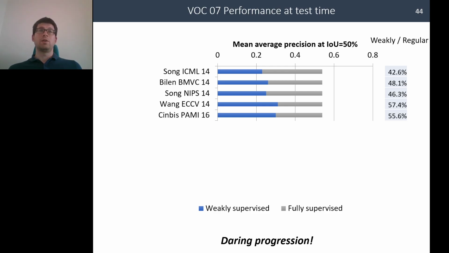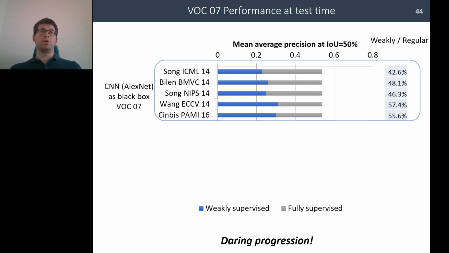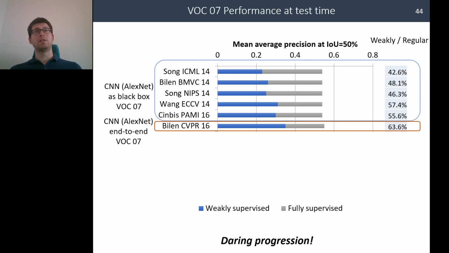The first group of work has been using CNNs, pretrained AlexNet, as a black box, and the performance was up to almost 60%. Then WSDDN really improved weakly supervised object detection with end-to-end learning.